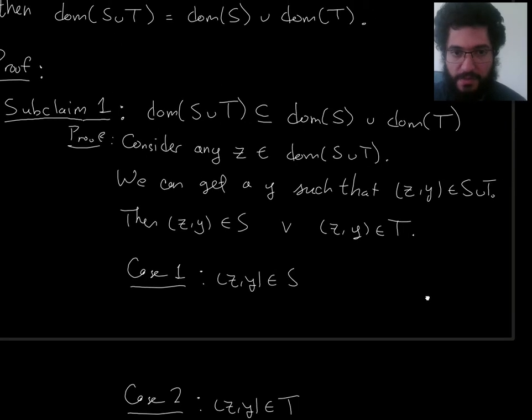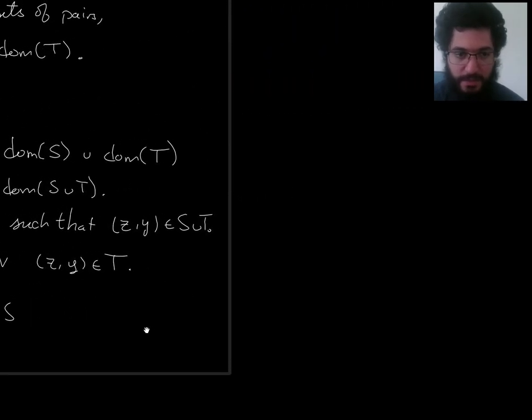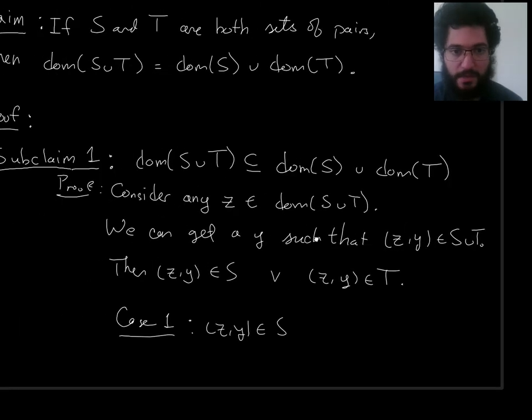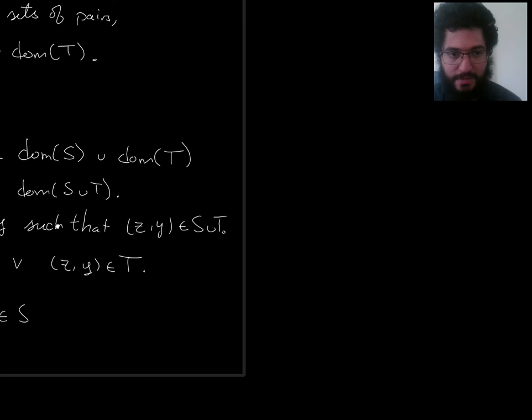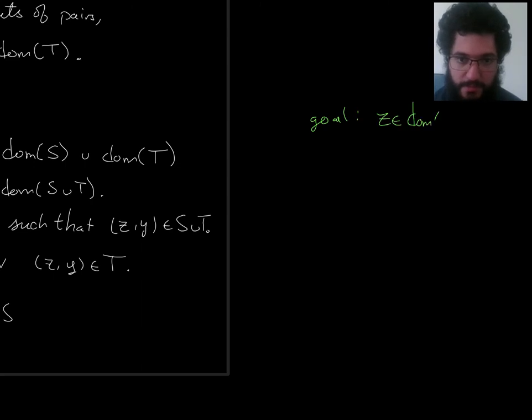Let me go off to the side for a bit and give myself some space here to think about my goal. So what I'm writing now is some scratch work. I know I'm putting a lot of the work here out of your view, but you can see here I'm trying to show that z is in there. So my goal is to prove that z is in the union of the domains.